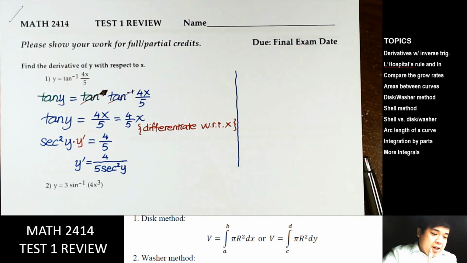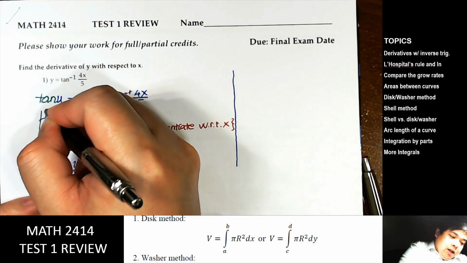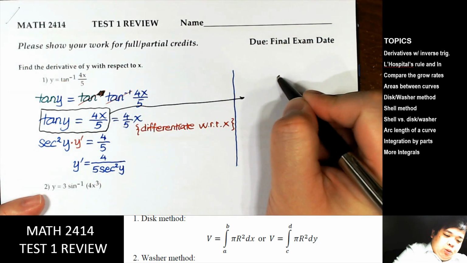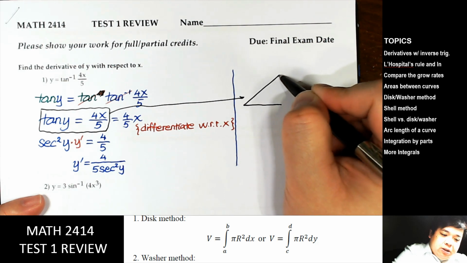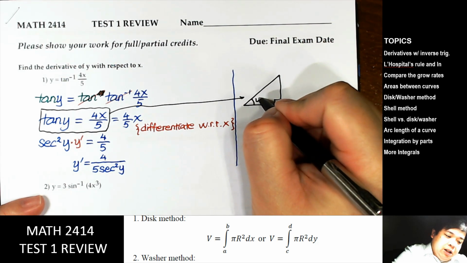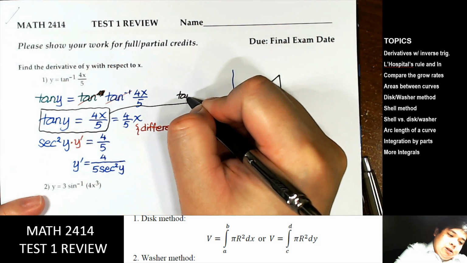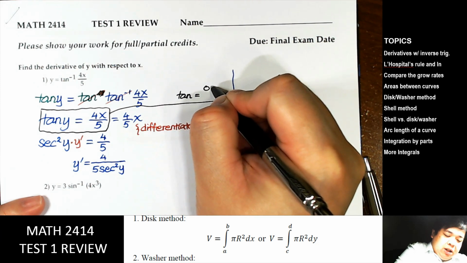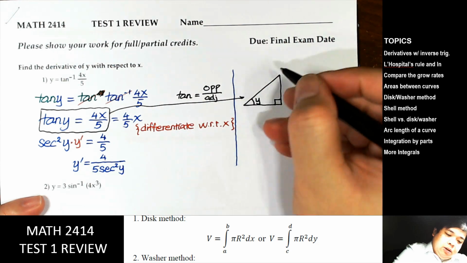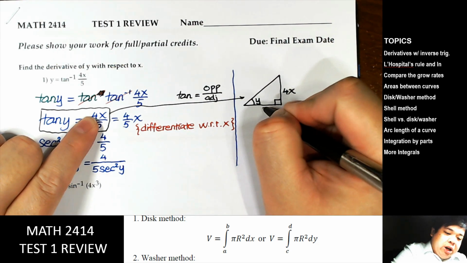Right. For that, we will look at this: tangent of y equal to 4x over 5. We can draw a triangle. This is an angle y. Tangent is equal to opposite over adjacent. So opposite is going to be 4x. Adjacent is going to be 5.